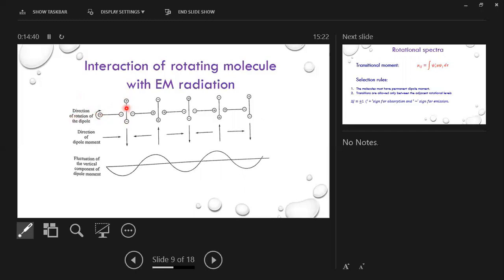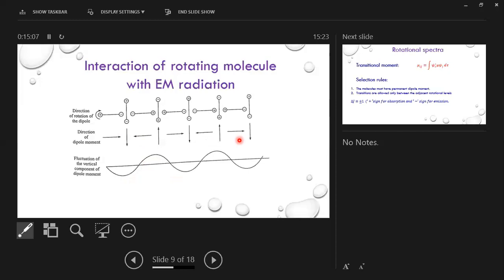Earlier it was this way, now it will be pointing downwards. This continuous rotation of the molecule leads to a continuous change in the direction of the dipole moment, so we have a periodic change of direction of the dipole moment of the molecule.